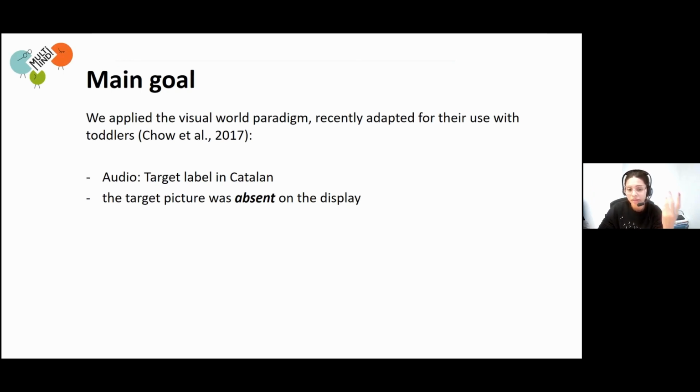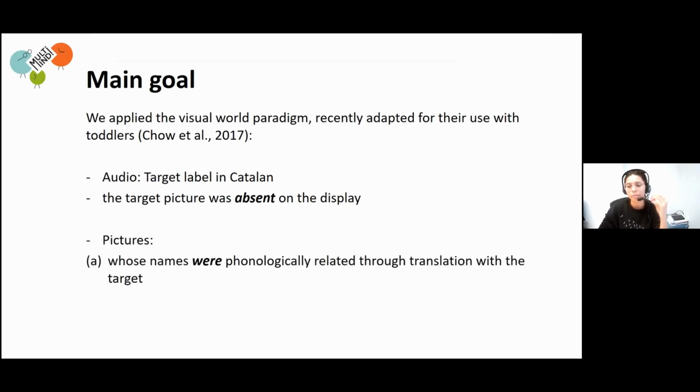And among the pictures, we presented pictures whose labels share some phonological overlap with the absent target. And we also presented pictures that were not phonologically related, nor by translation, with the target.